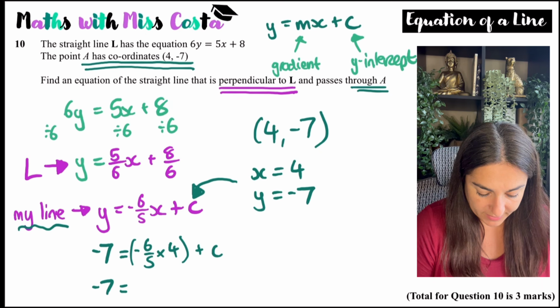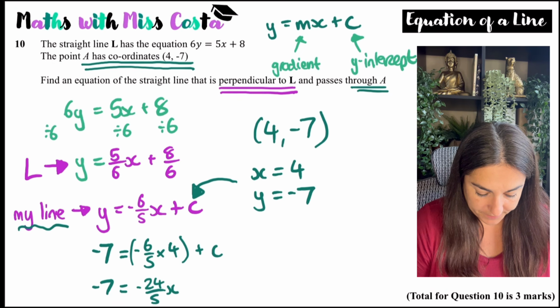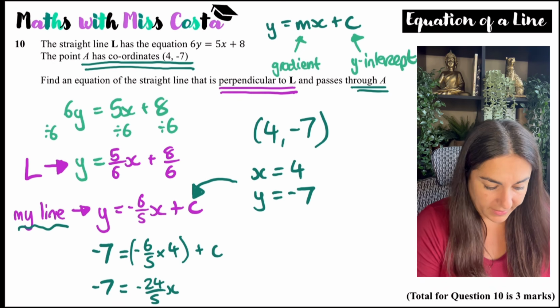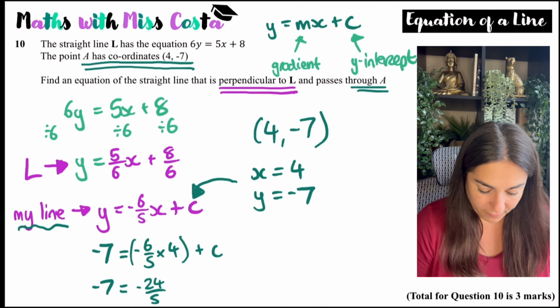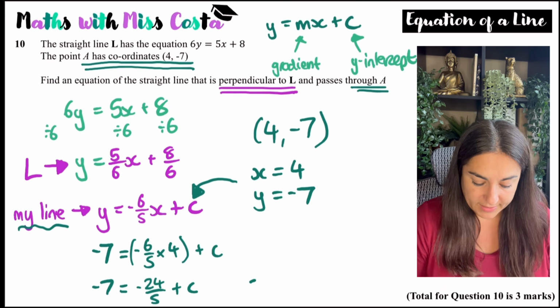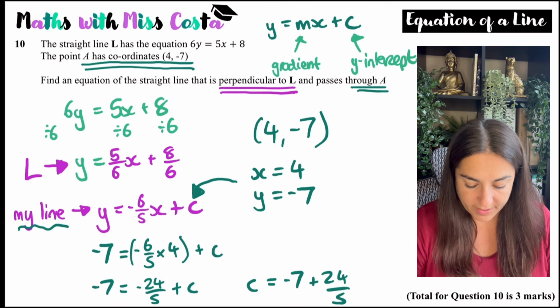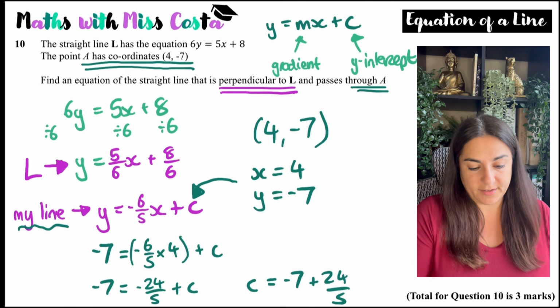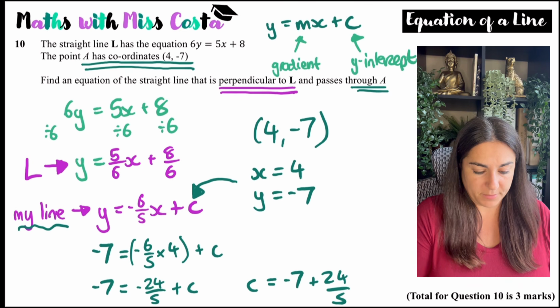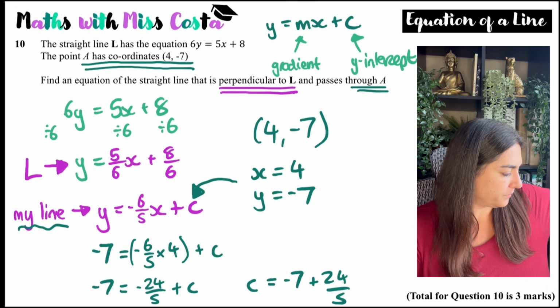So -7 is -24/5 plus c. So with a calculator, c is going to be -7 plus 24/5, and that is -11/5.